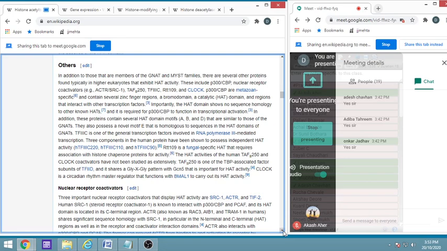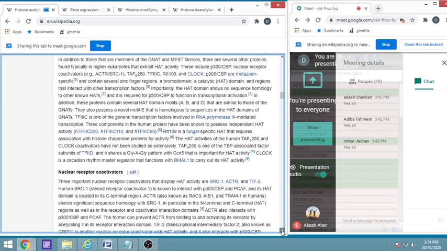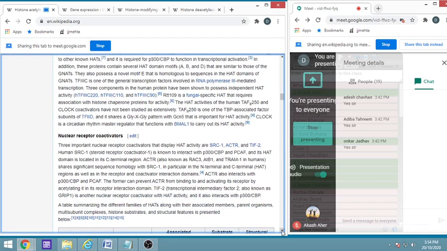We will not go into each and every one because it is very complicated and beyond our scope. Basically what we should understand is that they play an important role. All these acetylators, as we have seen, cause acetylation of the lysine moiety in post-translationally modified proteins, and because of that they play an important role.